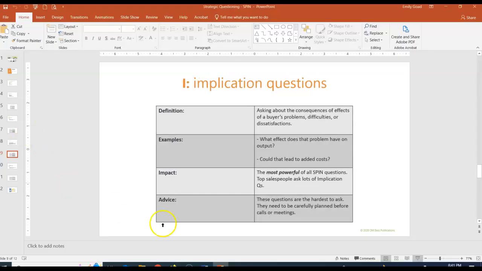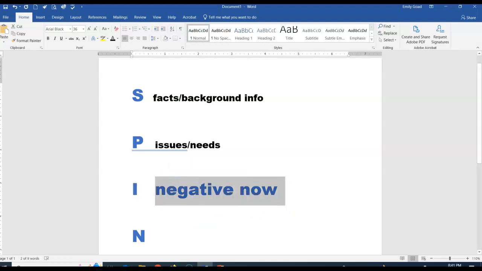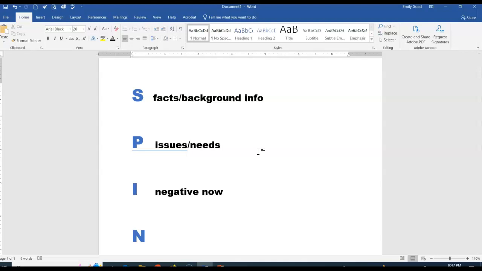So I also term these questions as the negative now. So what is the negative implication of the issue you are currently experiencing? So again, what's the negative implication of the current issue or problem, however you want to say that?